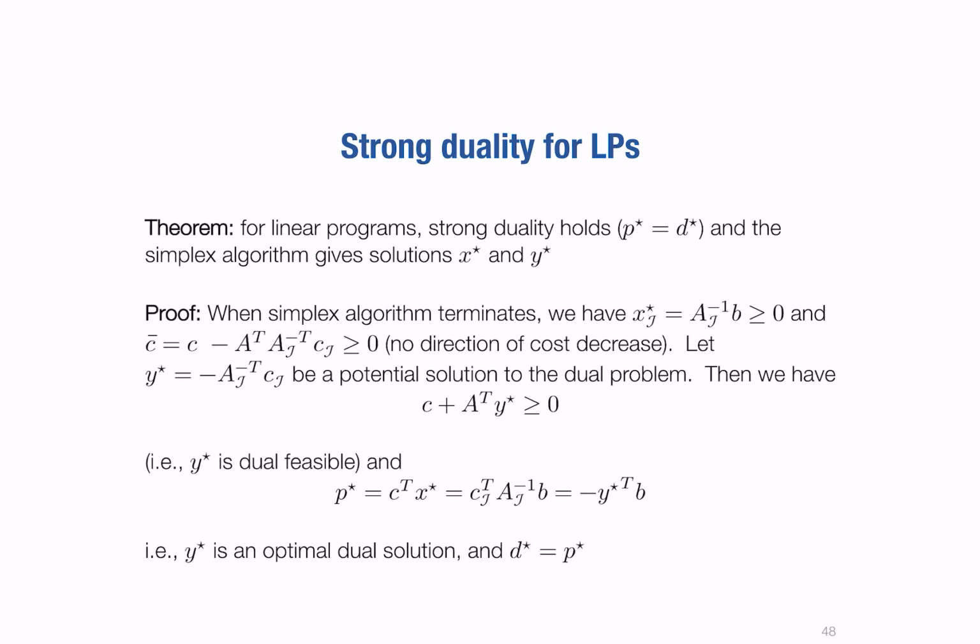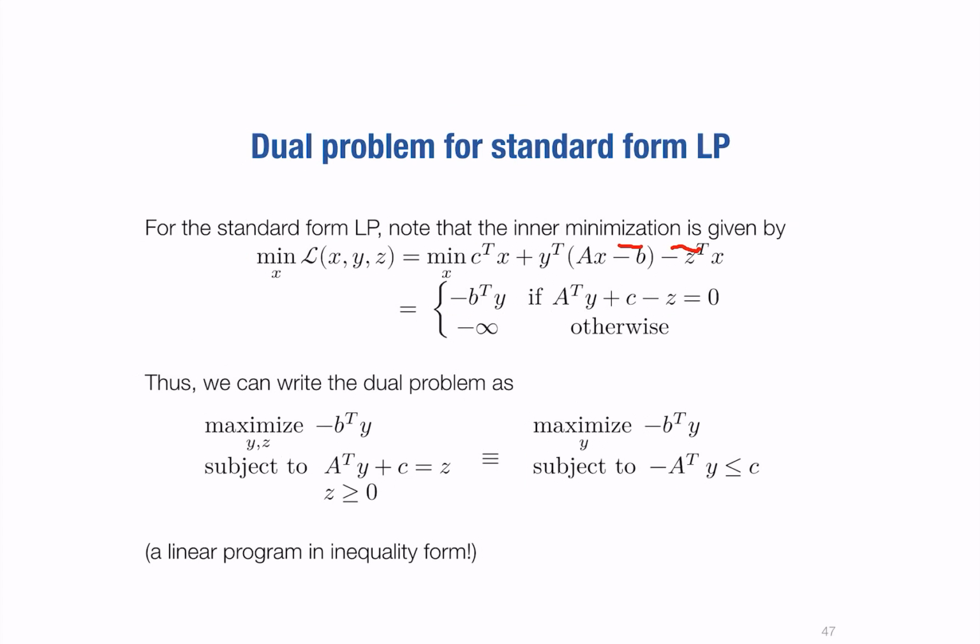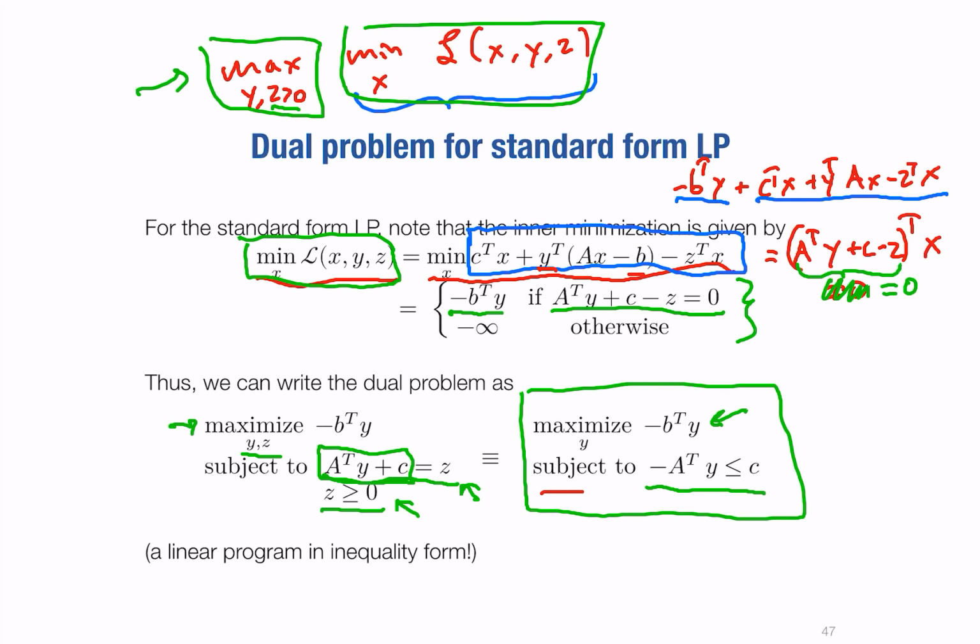Okay, so now I want to really prove the main theorem about duality for linear programs, which is that for linear programs, strong duality holds. In other words, the optimal objective of our primal problem, the min over x formulation, is equal to the dual objective value, which is the optimal objective of the solution to this problem here.